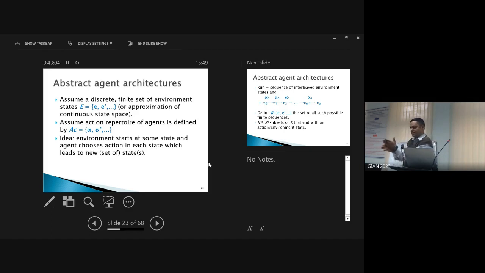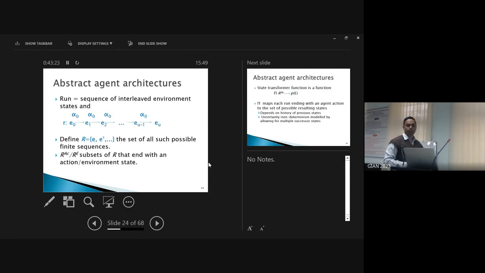And in that state, again the agent performs some action, which leads to a new state. So every time the agent performs an action, it leads to a new state.